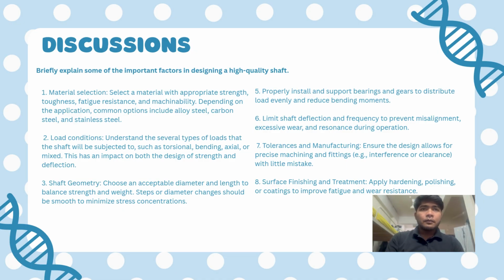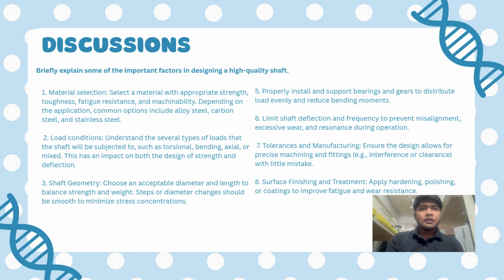Okay, next, properly install and support bearings and gears to distribute loads evenly and reduce bending moments. Okay, 6. For the 6, limit shaft deflections and vibration frequency to prevent misalignment, excessive wear, and resonance during operations.